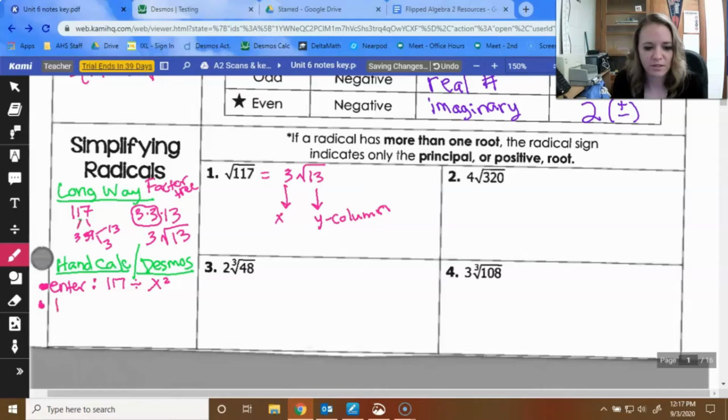And then we see the table for both. For Desmos, enter more numbers if you need to. And then look for the largest pair of whole numbers.